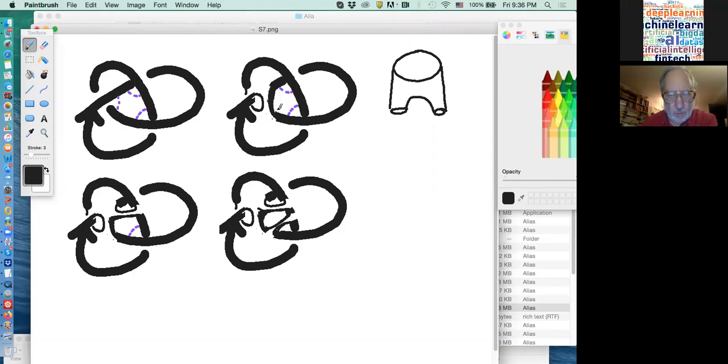The knot, and then A and B. Then I did this, which is a saddle point between the two circles. So I went back to one circle here.